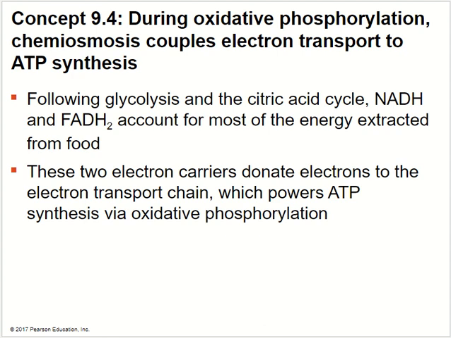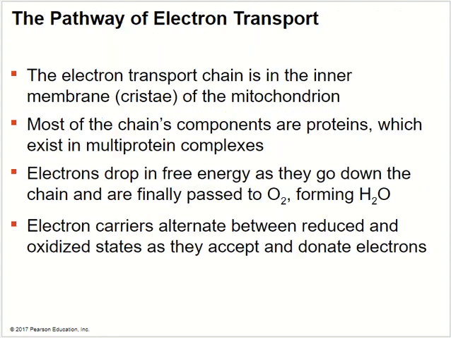Following glycolysis and the citric acid cycle, NADH and FADH2 account for most of the energy extracted from food. These two electron carriers donate electrons to the electron transport chain, which powers ATP synthesis via oxidative phosphorylation. The electron transport chain occurs in the inner membrane of the cristae of the mitochondrion.